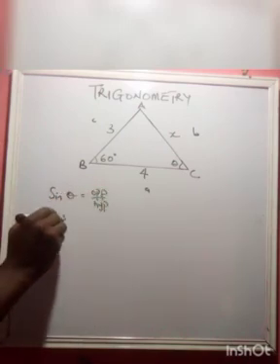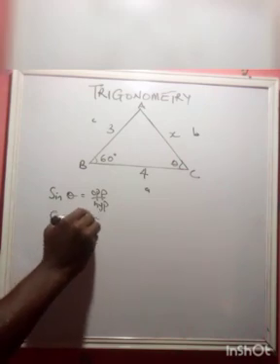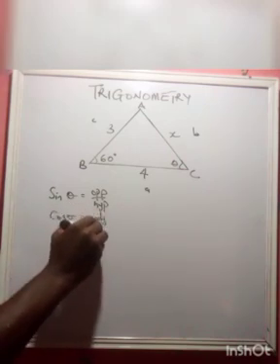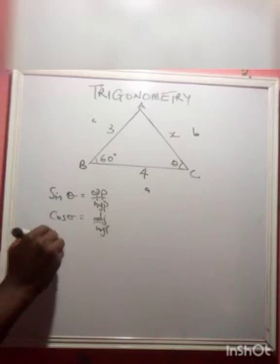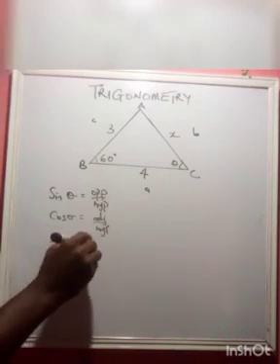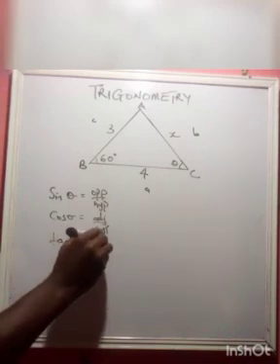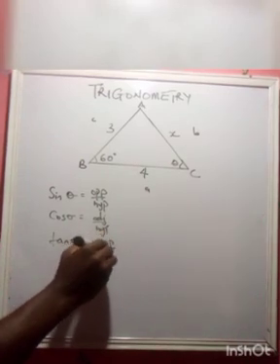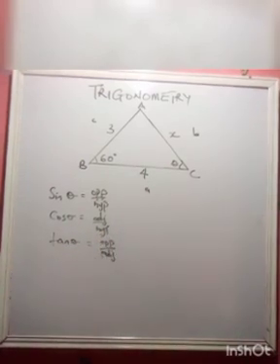We had cos theta equal to adjacent over hypotenuse, and we had tan theta equal to opposite over adjacent. That was what we did the last time.